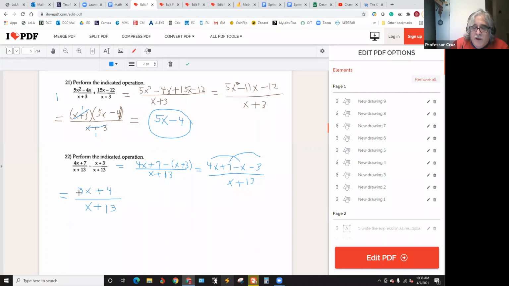I mean, if there were a common factor up here, we could take it out, but there's nothing. No common factor between 3 and 4.